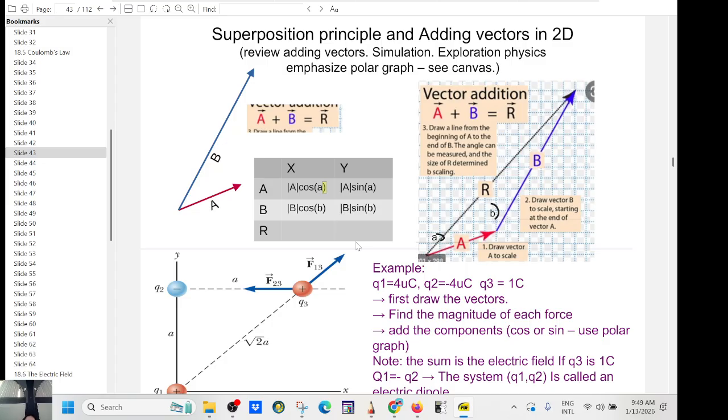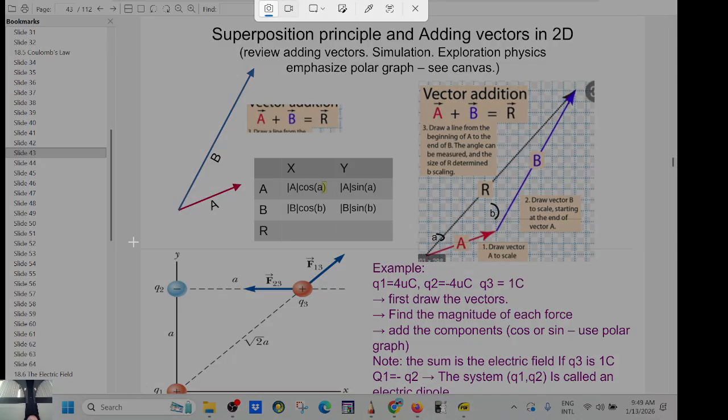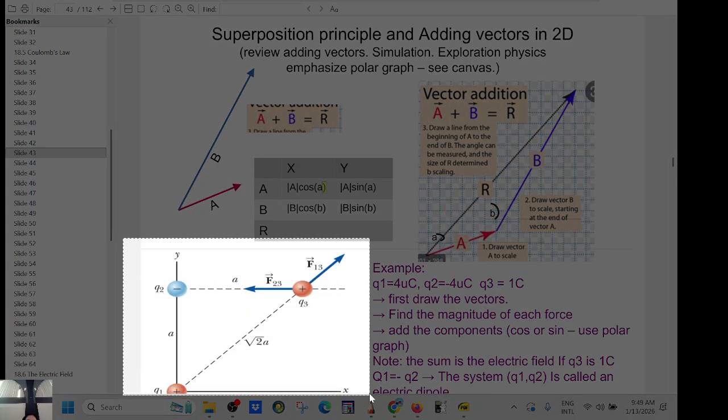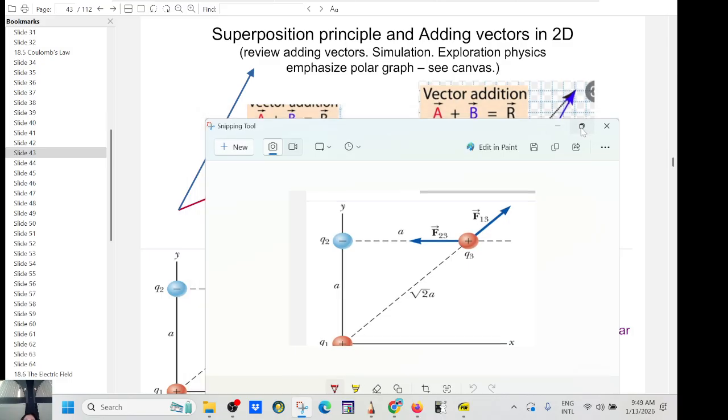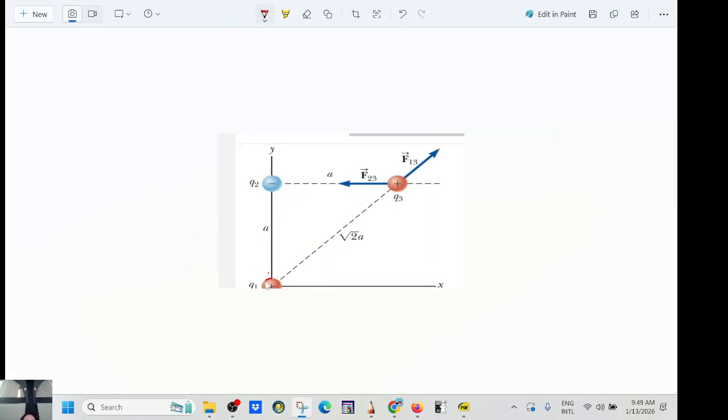So how do we apply that here? So conceptually, I'm just going to show you the methodology. So here we have what is called a dipole. Why is it called a dipole? Because let's say you have Q1 and Q2 and the charge is the same. And you want to find the net force applied on Q3.